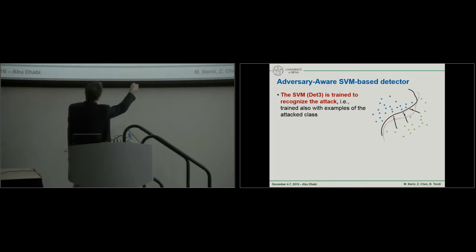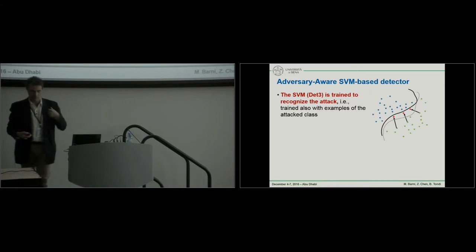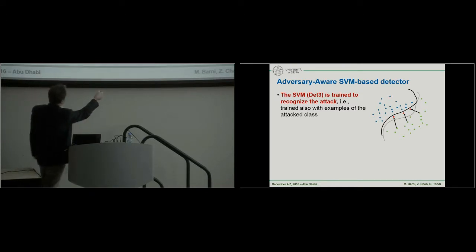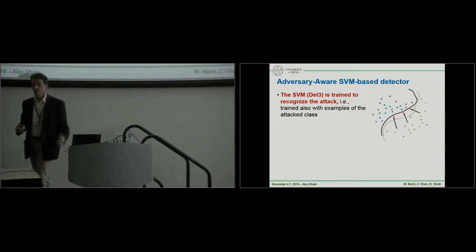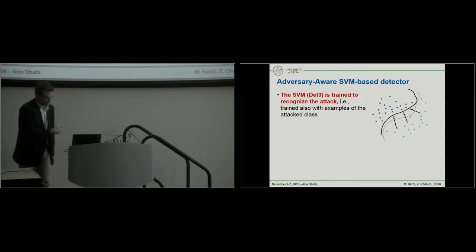Without these attacks, this is the boundary that I had before, but now I can generate some attacked images myself, these red ones, and ask my classifier to be able to distinguish these also. And so I come out with a new boundary, which is now much closer to the double JPEG, to the single JPEG region. And so it is able to distinguish between these two classes more closely. This is what we will do.